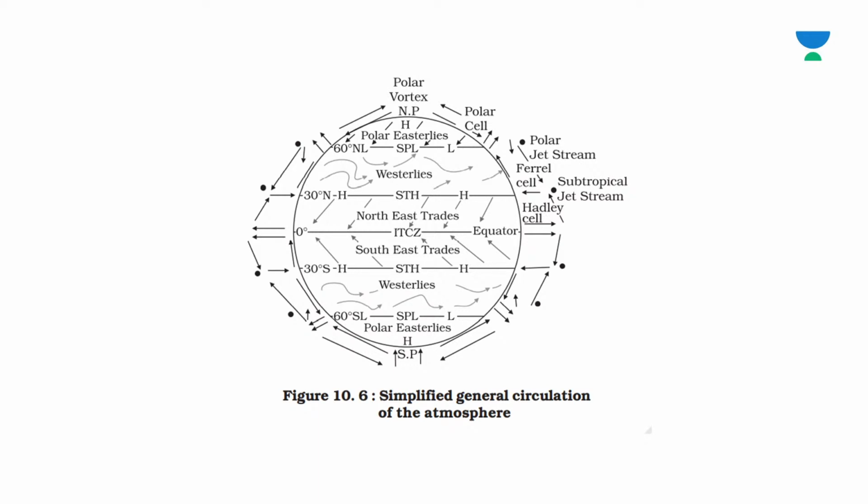Now friends, it will take 3-4 minutes to write down the diagram. So just make a rough draft. Then we will discuss the simplified general circulation of the atmosphere.